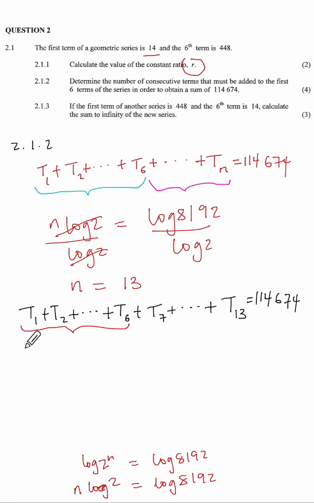So basically, I know the total number of terms that I add up to get this sum is 13. So I need to say 13 terms minus the first 6 terms. Then that should give me 7. So that is the final answer. The final answer is 7.